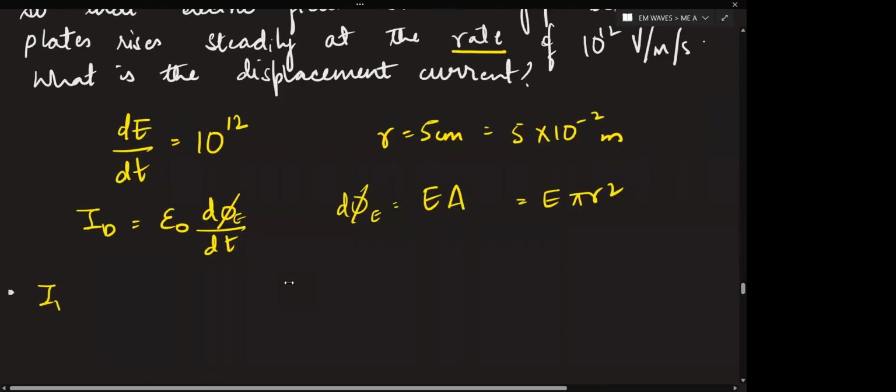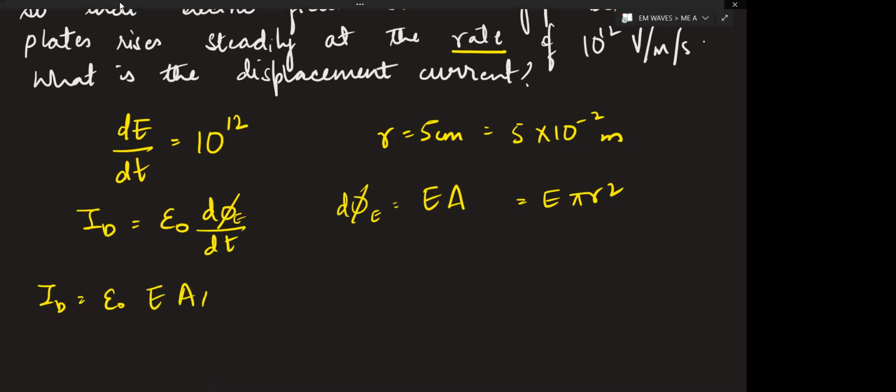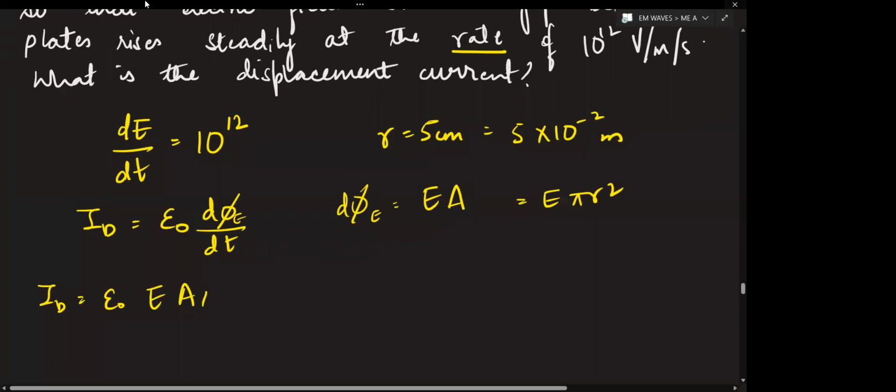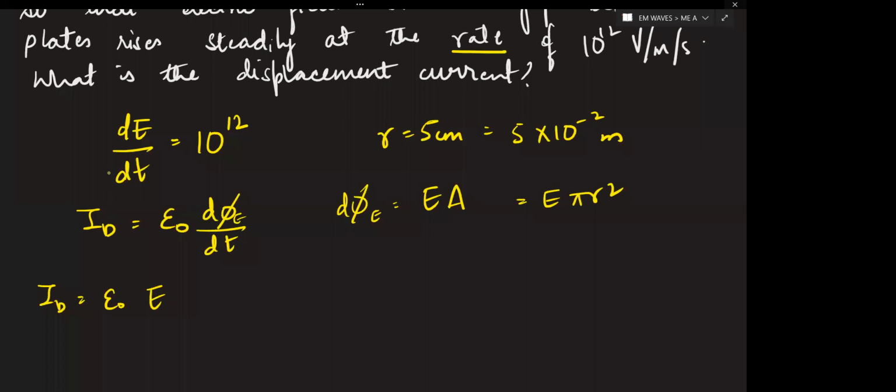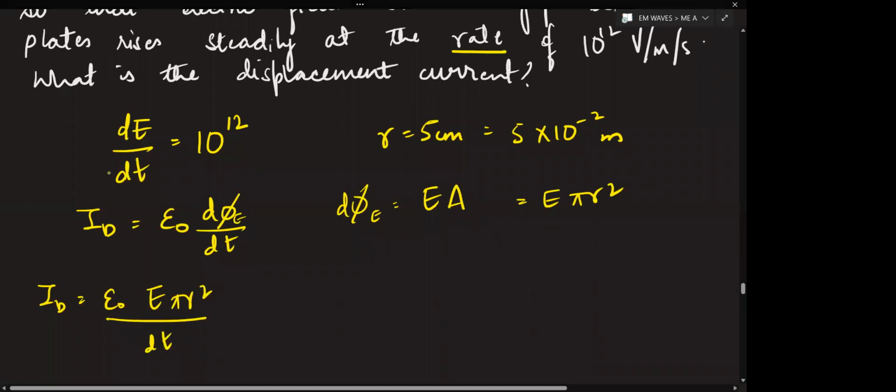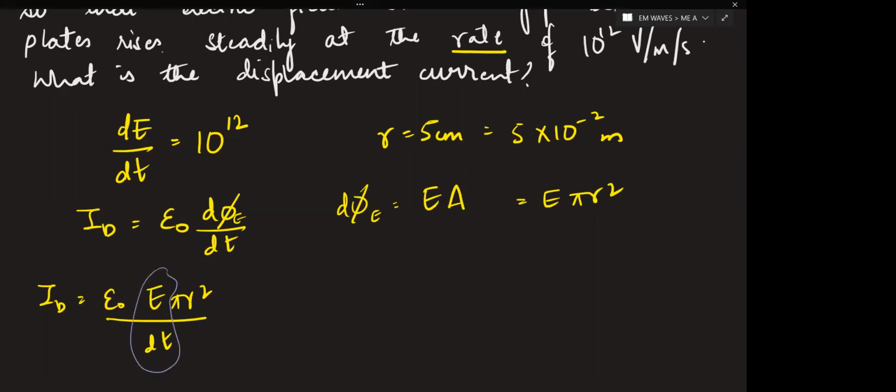So ID will be equal to epsilon naught times E into A, not A, pi r square. Instead of area, I'll write pi r square, over dt. Now, dE over dt is already given as 10 to the power 12.